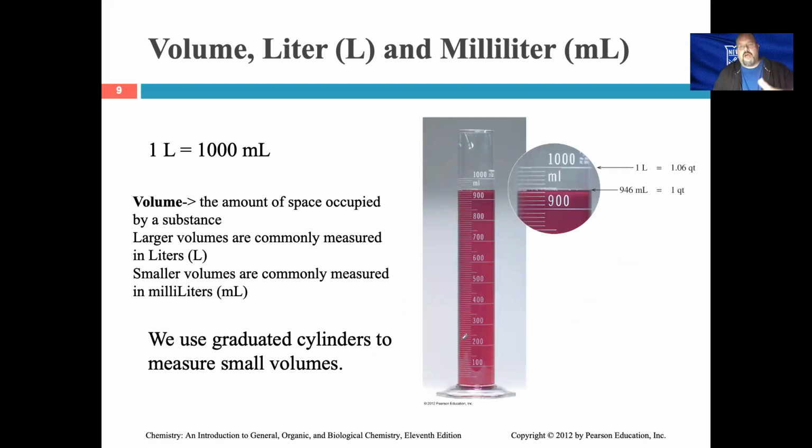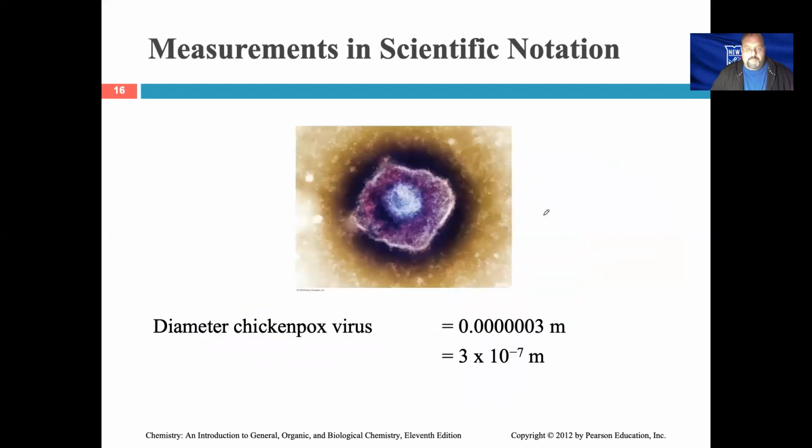And each of the lines, if you look at the blow up from between 900 to 1,000, and this would be consistent throughout all parts of the graduated cylinder, each of the lines there represent 10 milliliters. So starting at the line right below 900, this line here would represent 900 milliliters. You'd have 910, 920, 930, 940, 950, so forth and so on.